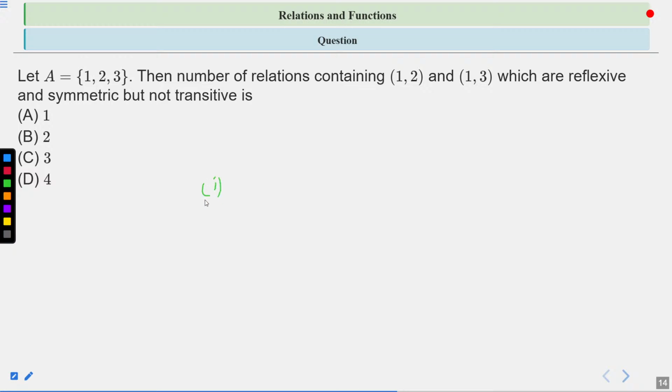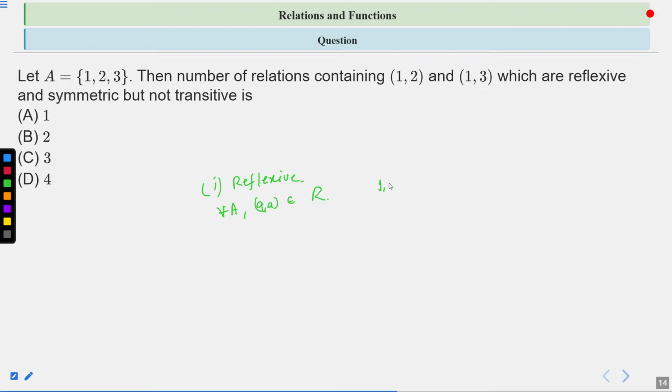So first, what is a reflexive relation? A reflexive relation is basically one where for every element a in A, (a, a) should belong to R, for all a. That is, suppose we have the set {1, 2, 3}.